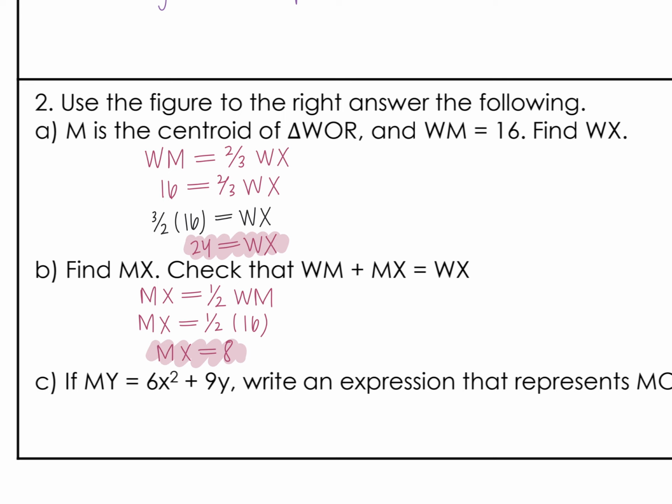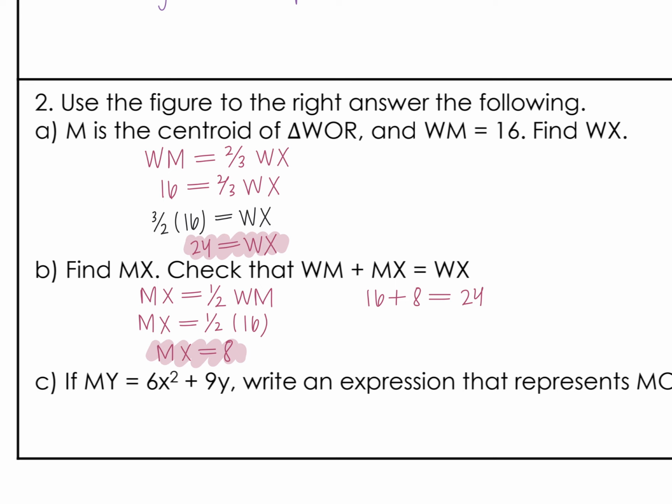Okay, so that was one part of what they wanted. Then they wanted me to just check and make sure that part plus part equals the whole. So here we have that my WM is that 16 plus my MX, which is that 8, should be equal to WX, which we found in part A is 24.